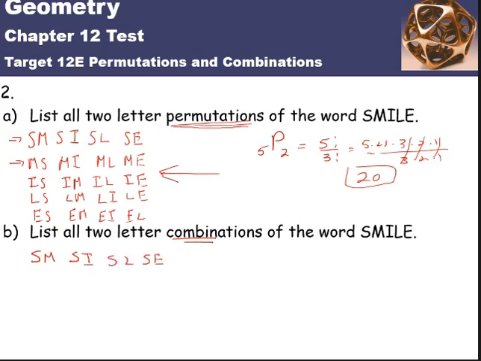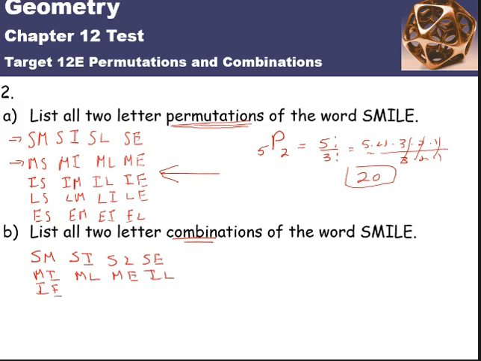Now I'm not going to write MS again because I already have SM. Now I don't have MI on this list, so I'm going to add MI, ML, and ME. But look at this. This is IS, and I already have SI, so I'm not going to write IS. And then this is IM, but I already have MI, so I'm not going to write IM. Then I have IL and IE.